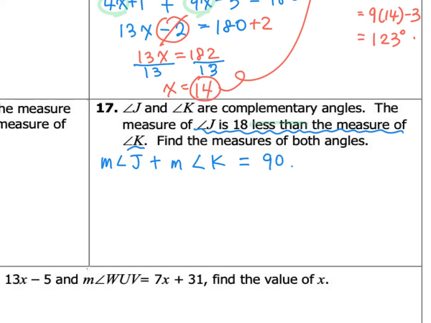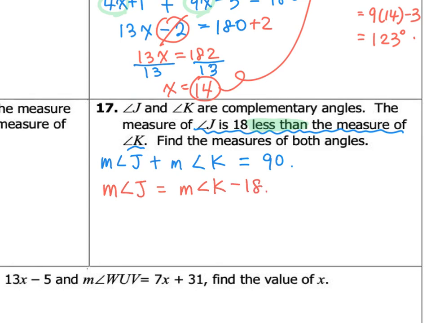Less than means subtraction, right? How much? 18. So we're going to subtract from measure of K. So the measure of angle J is equal to the measure of angle K minus 18.